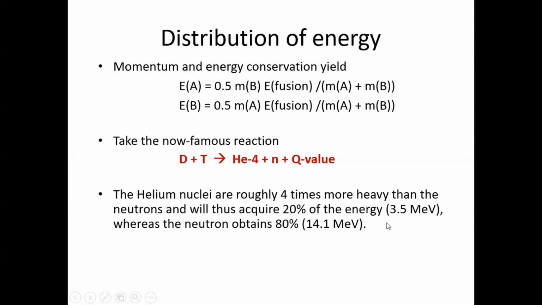Then it will be taking 3.5 million electron volt energy, and 14.1 million electron volt energy will be taken by the neutron. So very large energy, 14 million, will be taken by the neutron, which is a small particle. So the fat particle will not carry large energy. The thin, lighter one will carry more energy.